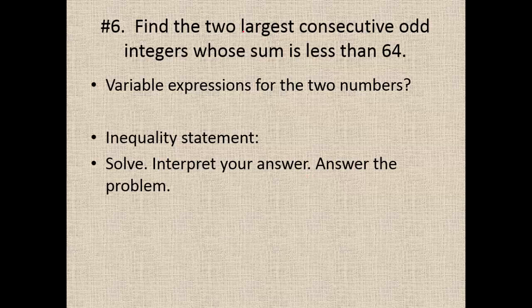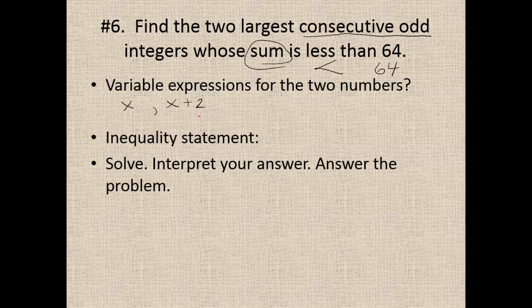This one is looking for the two largest consecutive odd integers whose sum is less than 64. Okay? So variable expressions, if they're both odd, then we use x and x plus 2, because these aren't consecutive integers, they're consecutive odd integers, so they're 2 apart.